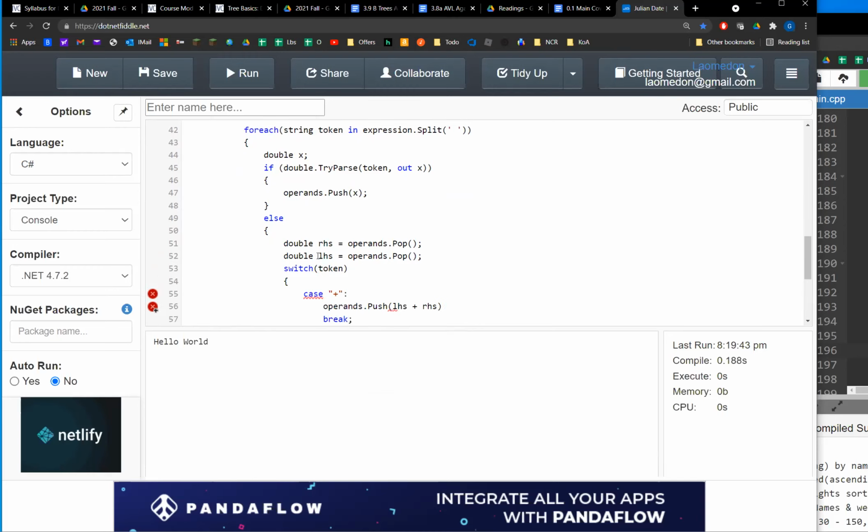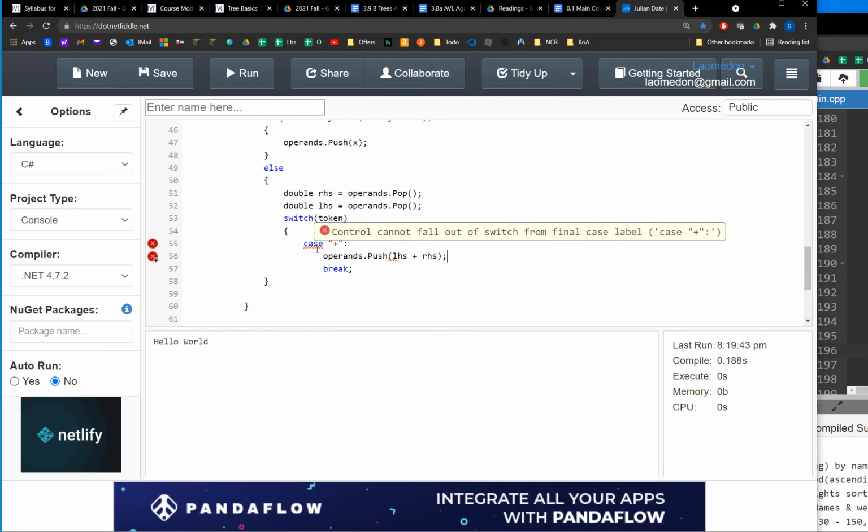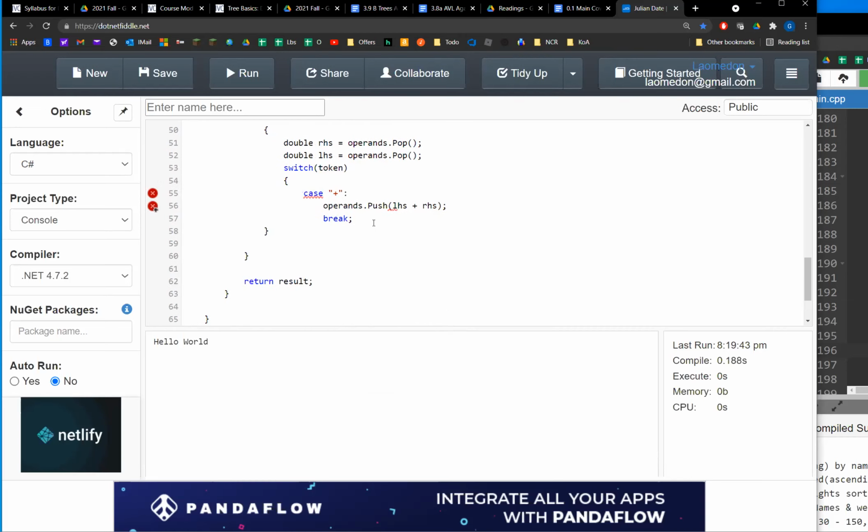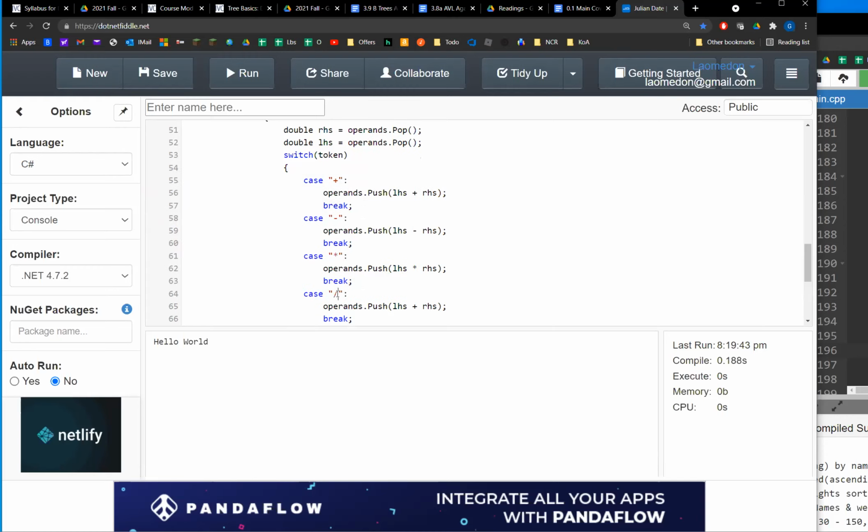And we're done with this case of the switch. Minus, multiply, divide. Right, pretty much the same code: copy, paste, change the operator. Divide should want some attention because zero tends to be bad. And so we'll do our first error case.